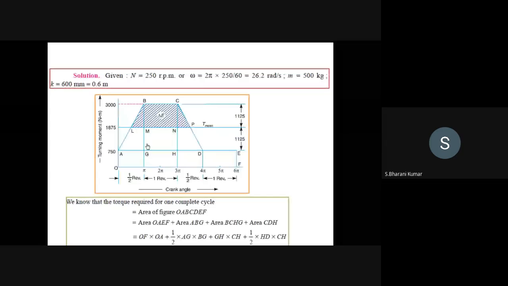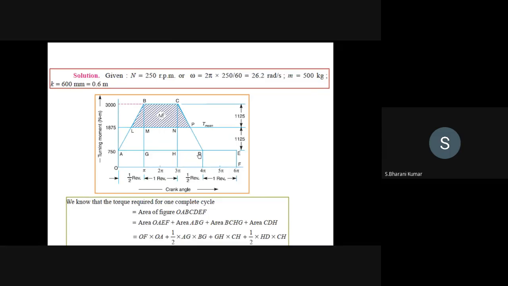This diagram, I have separated into 4 parts here. O, A, E, F is one rectangle, and B, C, G, H is another rectangle. A, B, G is one triangle, and C, H, D is another triangle.